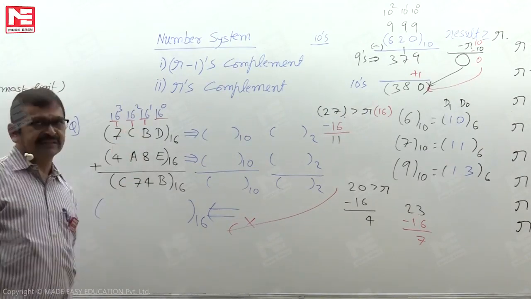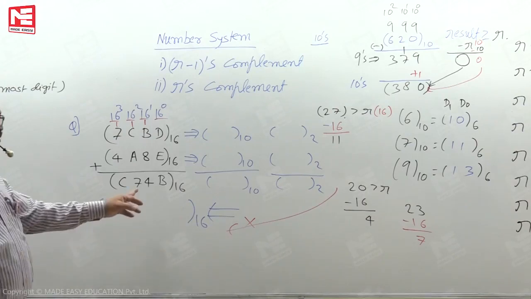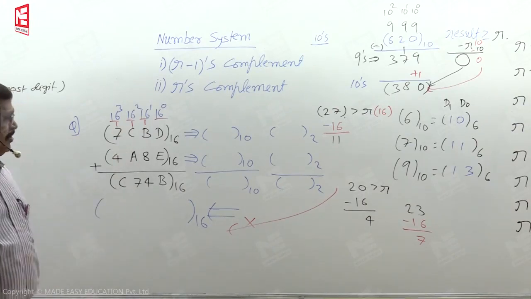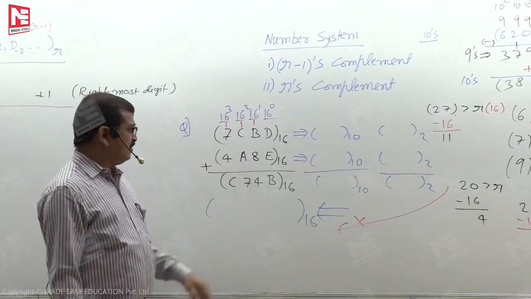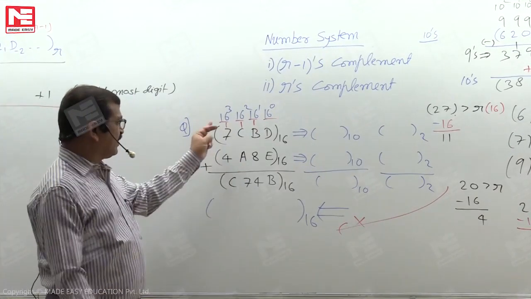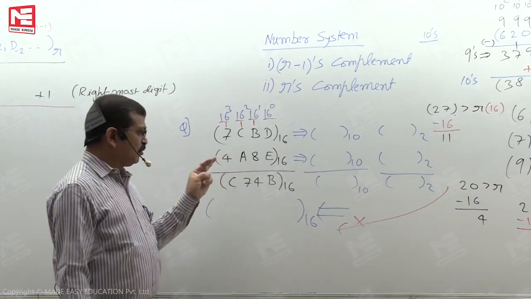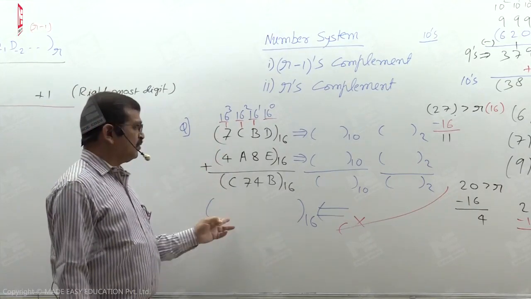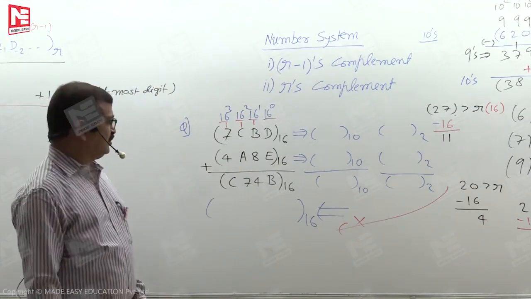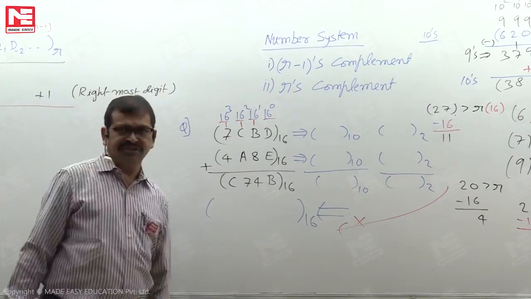We forwarded a carry, and subtracting 16 from 20 gives 4. C plus 1 is D, which is 13. 13 plus 10 is 23. We forwarded a carry, and subtracting 16 gives 7. 7 plus 1 is 8. 8 plus 4 is 12, and 12 is C in hexadecimal. So that is the answer.